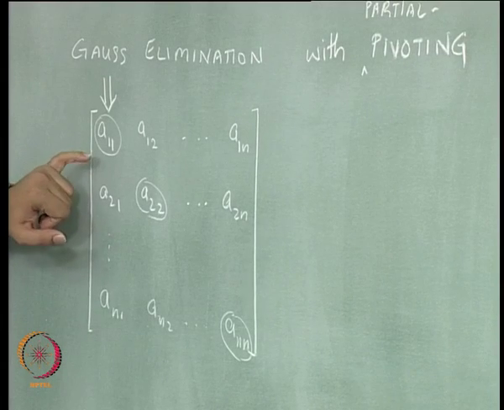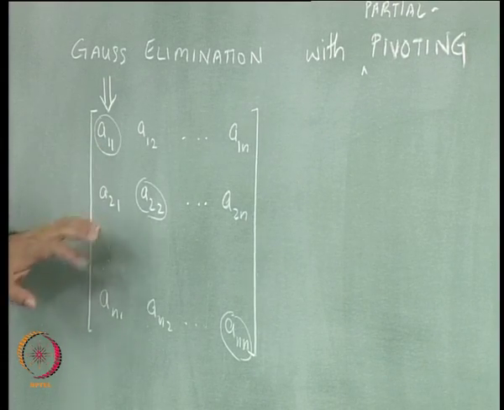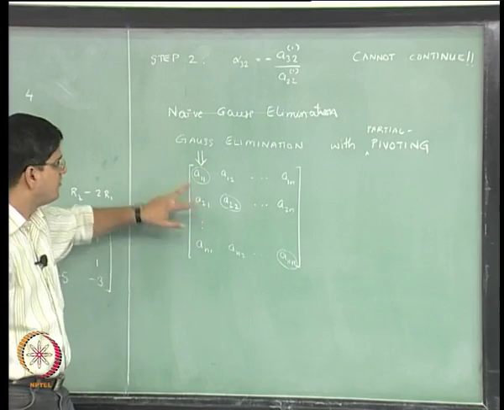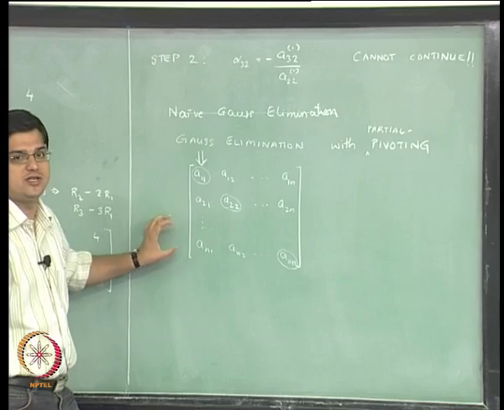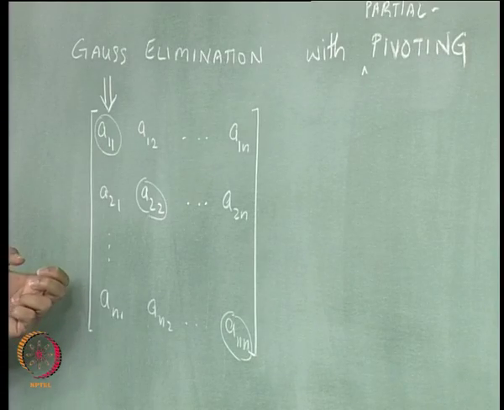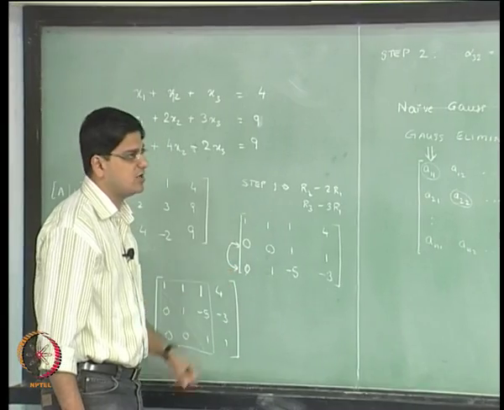That basically means that if say AI1 is the largest element amongst all of these rows, the first thing that we will do in step number 1 is interchange row 1 with row I. That is what we have done over here in row 2 and row 3.